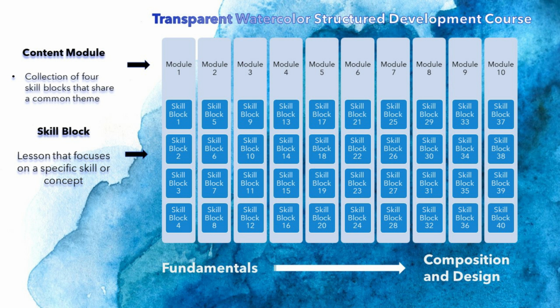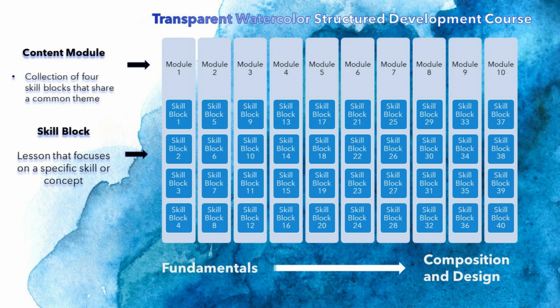I've designed this system for flexibility. People have different skill levels and have different gaps in their development. If a person has a specific skill or concept they want to improve, they can do that by just taking a single skill block that focuses on that fundamental.